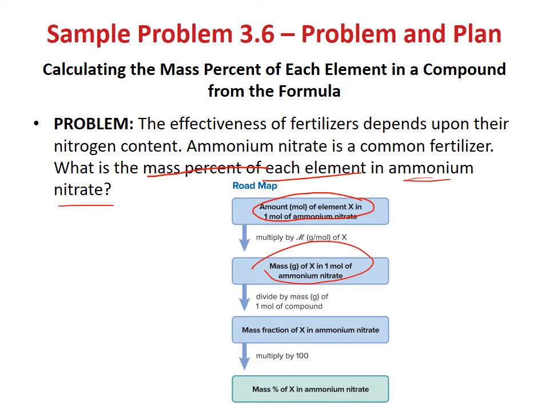And then we divide by the molar mass of the molecule. When you divide by the molar mass, first you get a fraction, which is the mass fraction of each element in ammonium nitrate. And in the last step, you need to times 100, and that gives you percentage.